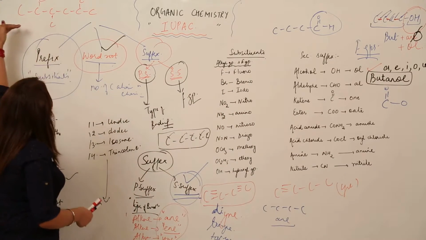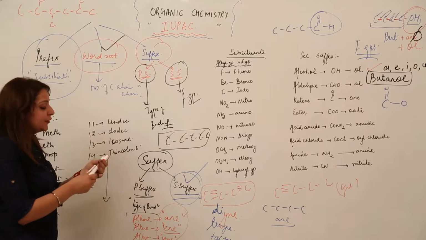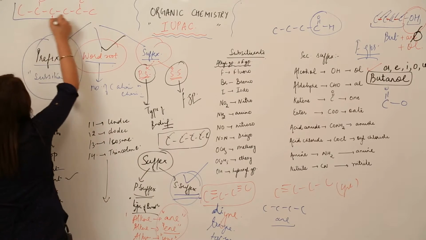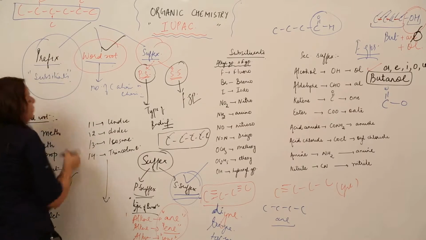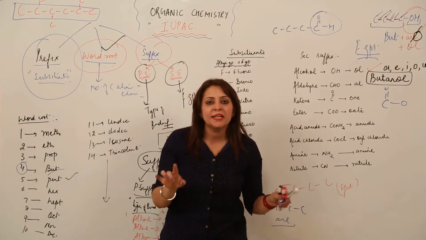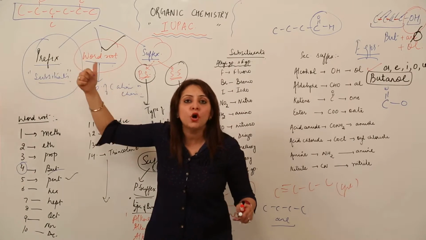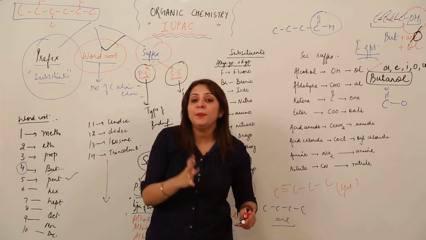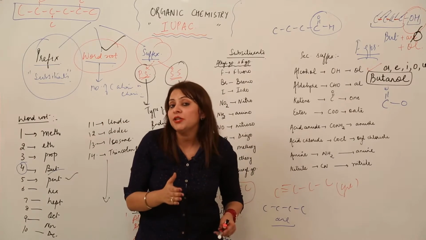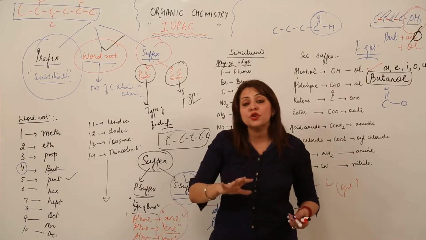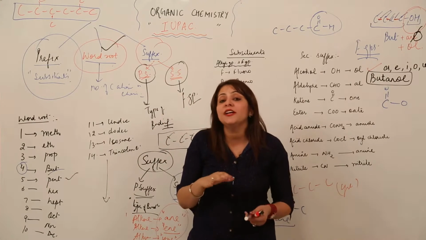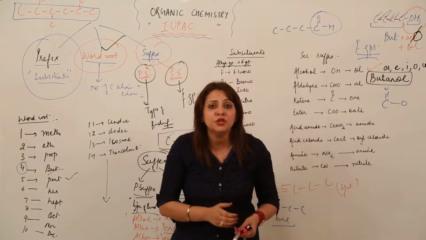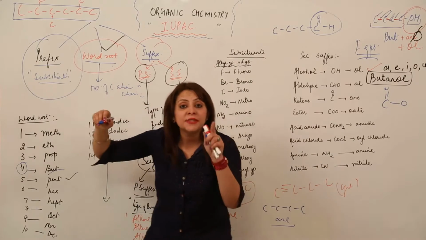So suppose we have a chain like this, and if I say that the parent chain is this one, right? So all these carbon atoms which come under this blue block form the parent chain. But the carbon atoms which are above or below, not included in the parent chain, are considered to be substituents.